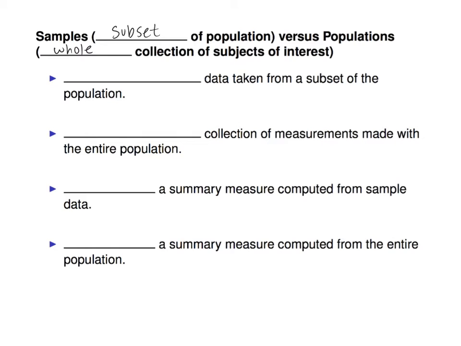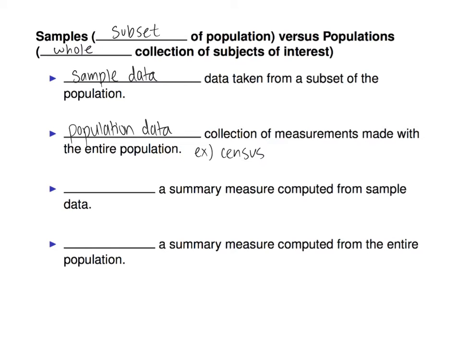When data is taken from a subset, that's called sample data. When data is taken from the entire population, that is called population data. For example, this would be data taken from a census. And the census attempts to, at least, talk to everybody in the population.